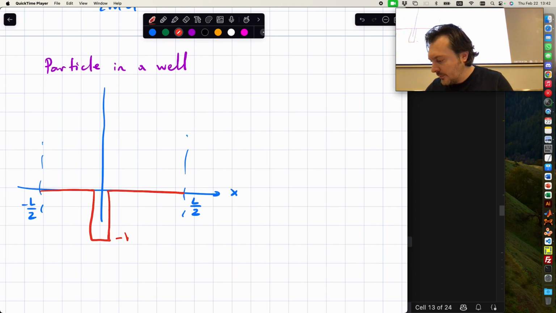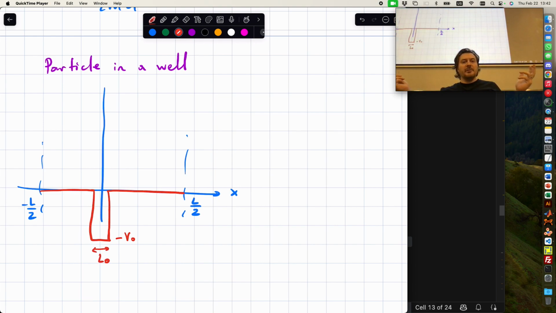Okay, so this is minus V0 and this length is L0. Are you fine with this potential?